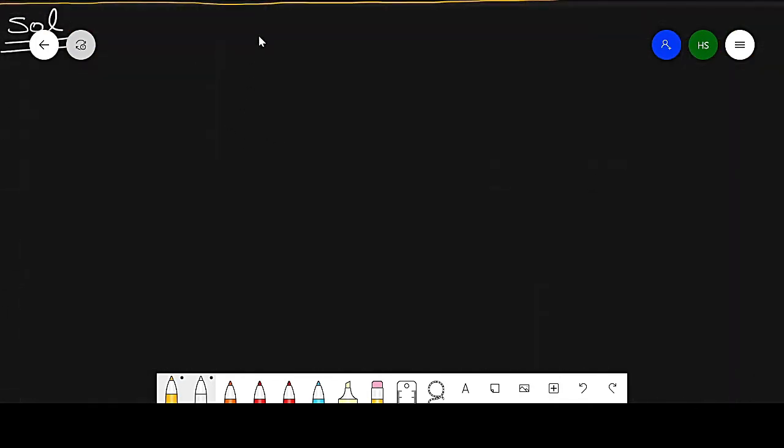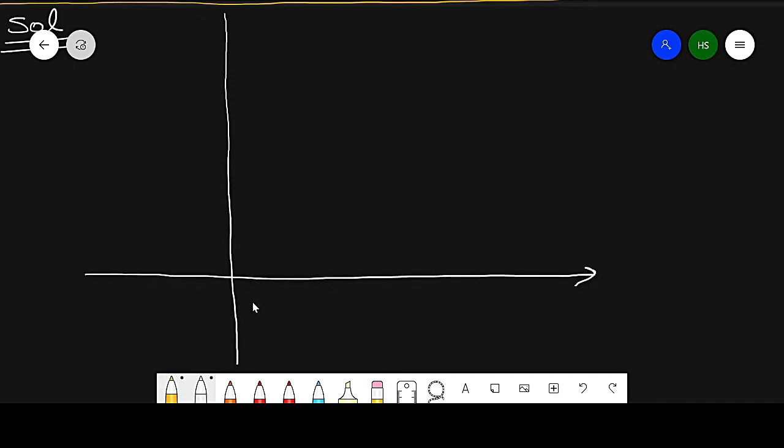If we discuss, these are two-dimensional spaces. This is the origin, the y-axis and x-axis.